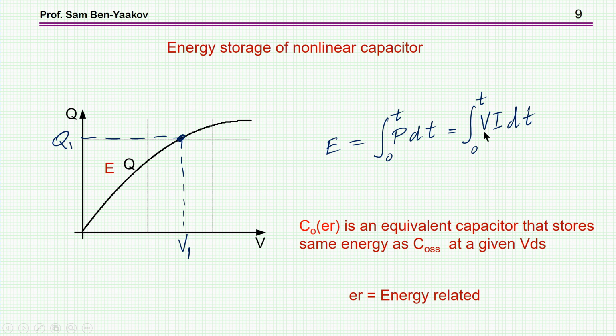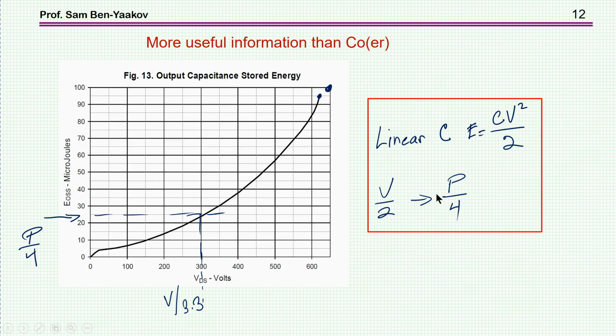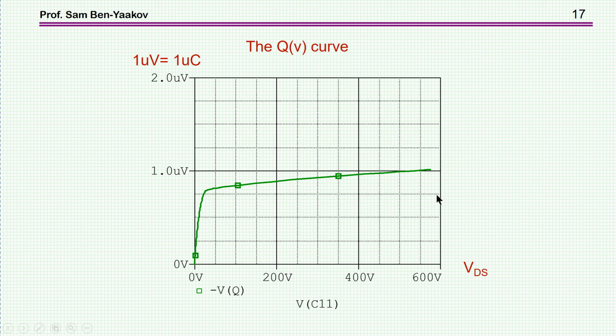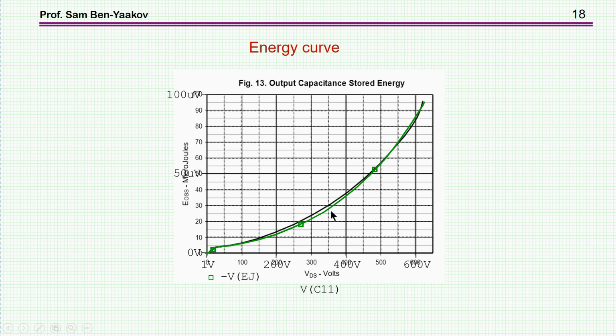You can feed it with any voltage or current source, look at the voltage times current, and take the integral for any given point. Here is what we are getting, which is reproducing the curve that the vendor is giving, which means that he didn't make any mistakes, and apparently we didn't either.